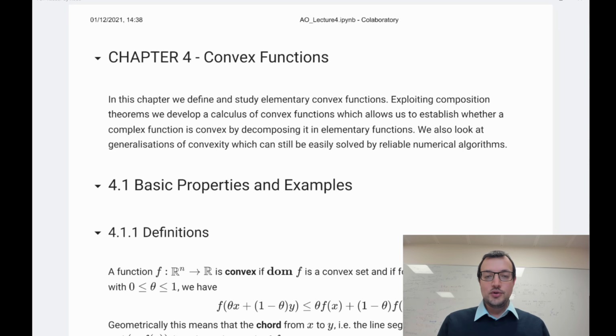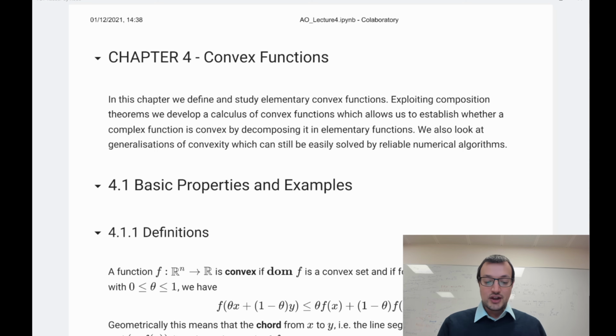In this chapter, we're going to cover the topic of convex functions. In particular, we will first study basic definitions and some examples of elementary convex functions, and then we will develop a calculus of convex functions, which will allow us to essentially establish if complex functions are convex or not, basically decomposing those convex functions into basic functions.